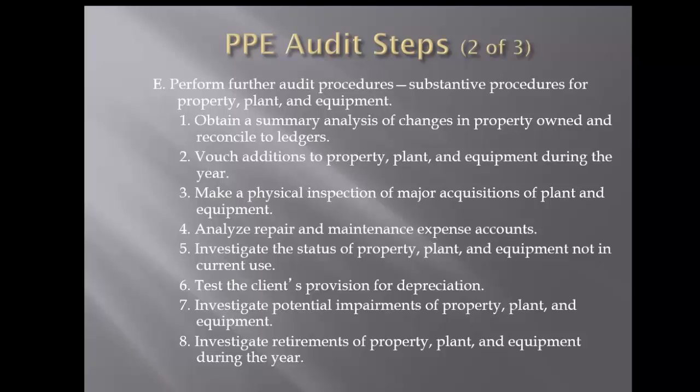We obtain a summary analysis of changes in property. We vouch for these additions. We make a physical inspection of major acquisitions of plant and equipment. We analyze repairs and maintenance. We investigate the status of property, plant, and equipment. We test the client's provision for depreciation, investigate potential impairments of property, plant, and equipment, and investigate the retirements.